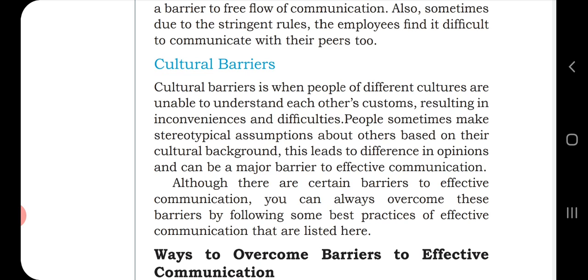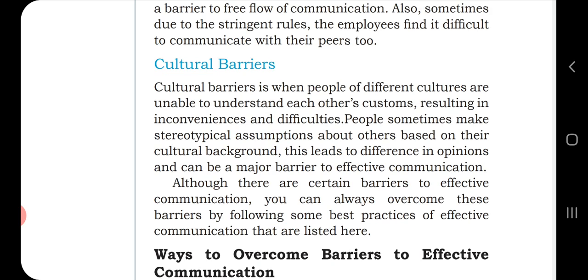People from different cultures, it can be people from different countries, it can be people from the same country but different regions, different states, different cities, different areas, different castes, different cultures. Because of all these different things, there is a cultural barrier in communication. When people of different cultures are unable to understand each other's customs, it results in inconveniences and difficulties.